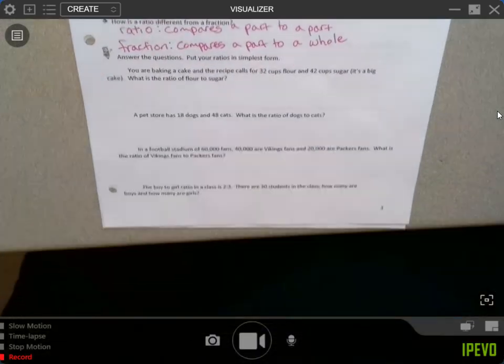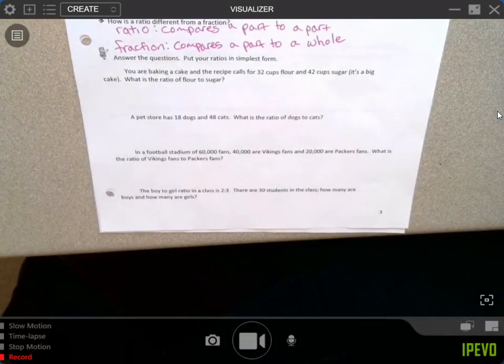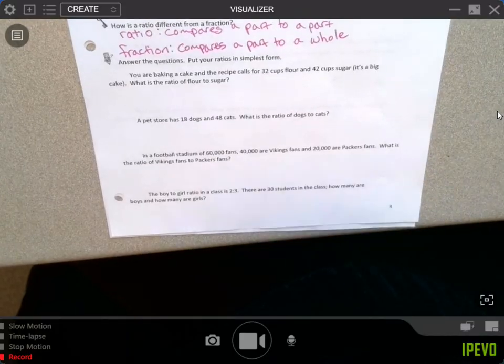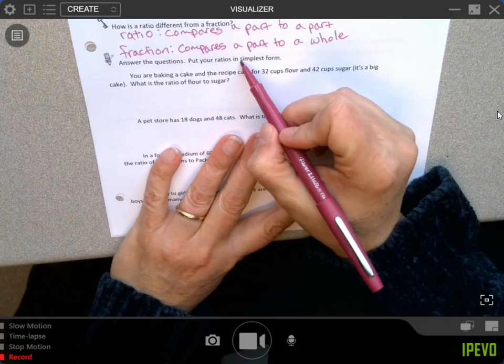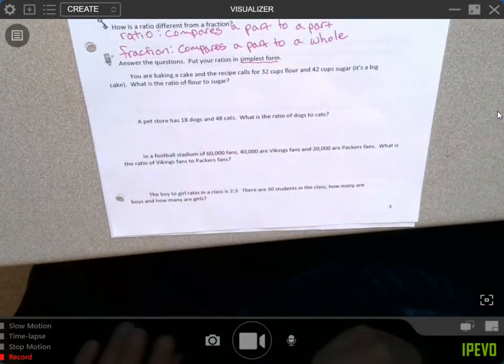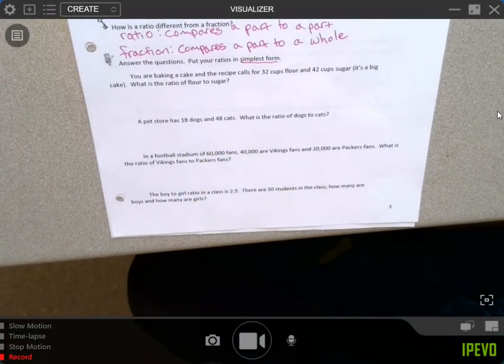So now we have some word problems to answer. And it says, put your ratios in simplest form. So if you do not simplify, it will be wrong. You are baking a cake and the recipe calls for 32 cups of flour and 42 cups of sugar.